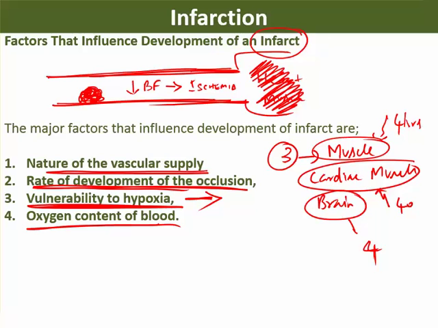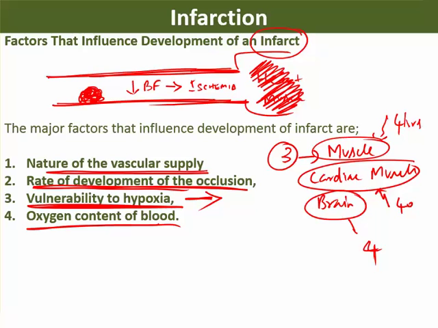If you stop blood supply, skeletal muscle starts dying, going for necrosis, after 4 hours, cardiac muscle after 40 minutes, brain after 4 minutes. Why? Don't bother about whether it's right or wrong, just put your thought.